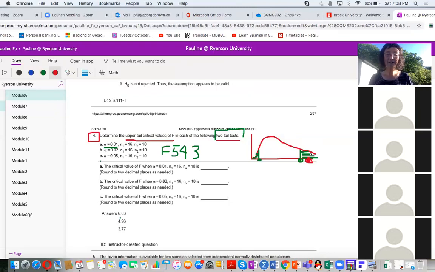And when the test statistic is not in the rejection region, you do not reject H0. And how do you know where the rejection region is? The critical value decides the rejection region. Okay.